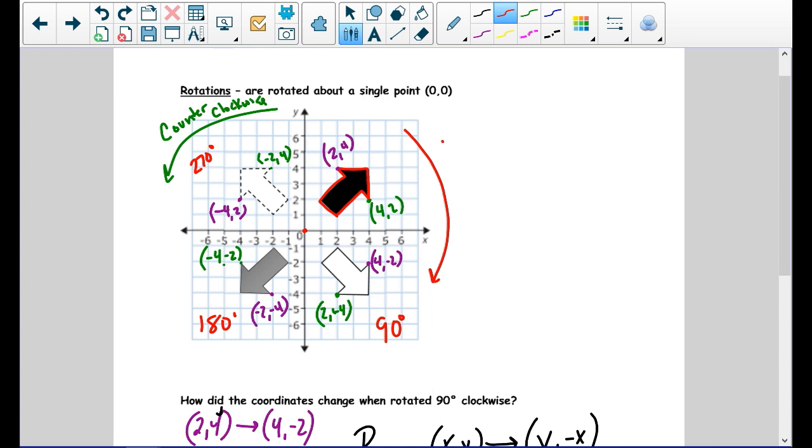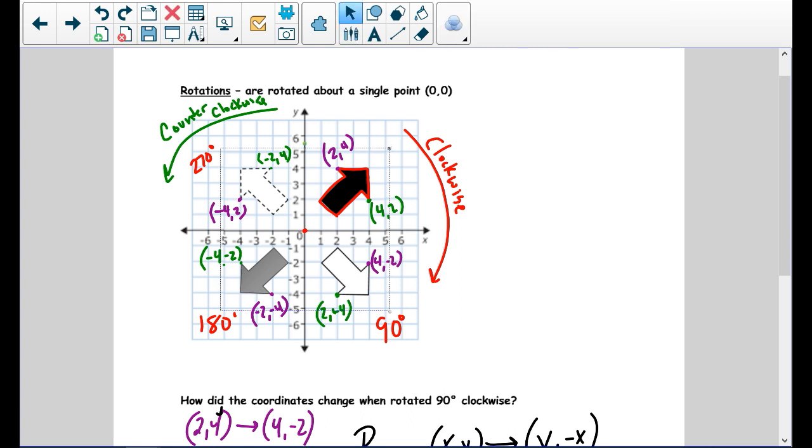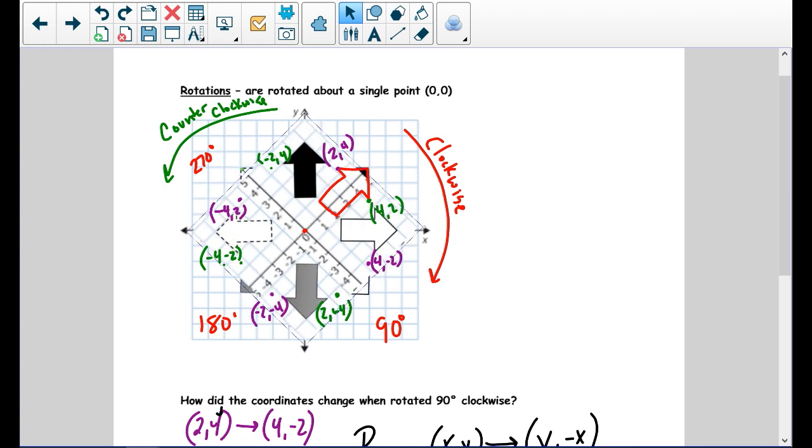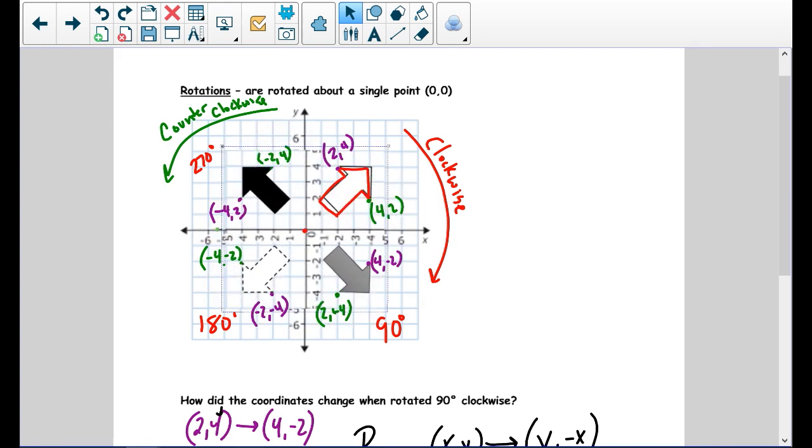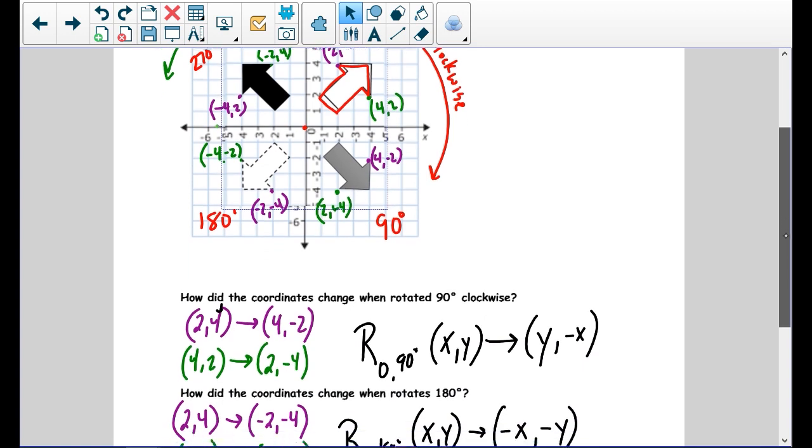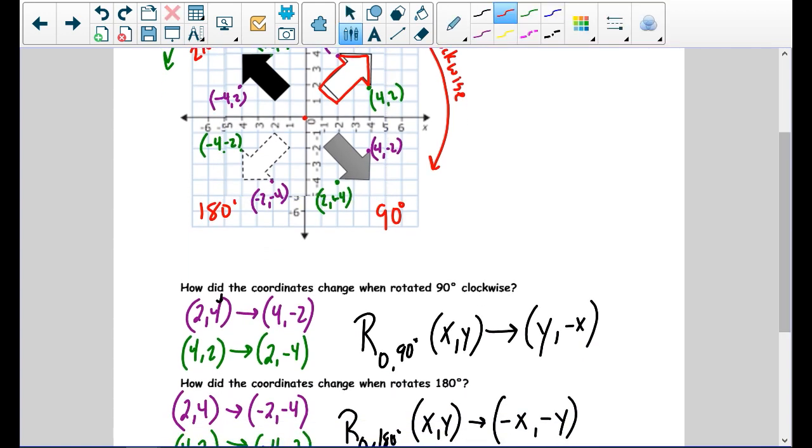Clockwise is moving to the right. So again, if I rotate this now to the left, 90 degrees, now that image is in the same spot that 270 was. So a 90 degree clockwise is the same as a 270 degree counterclockwise.